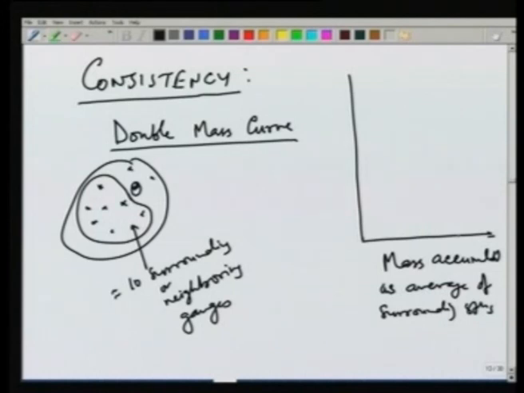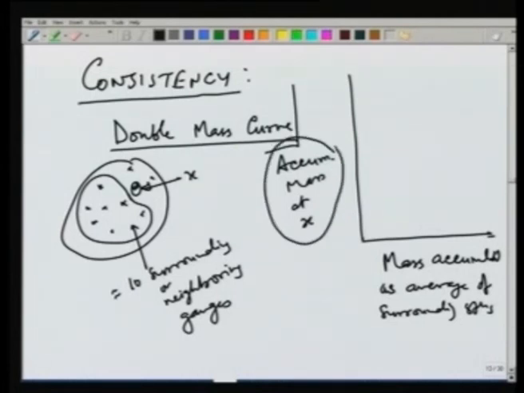And what we will do is we will plot it versus the accumulated mass at x. So, suppose x is the station for which we want to check the consistency. Accumulated mass at x will be plotted against the average accumulated mass at the surrounding stations, which may be about 10 in number, and if the data is consistent, then it should plot as a straight line.